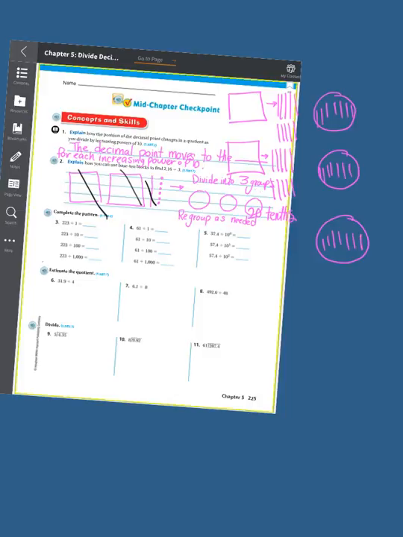So how many tenths do I have? 1, 2, 3, 4, 5, 6, 7. So I have 7 tenths in each group, or, remember, 0.7.